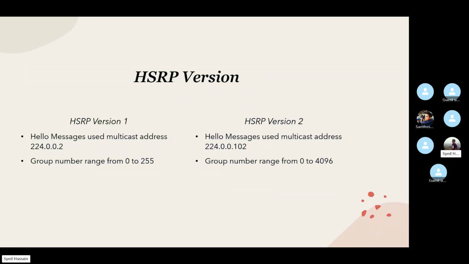Version 1 has group numbers from 0 to 255, which is 2 to the power of 8. And for version 2, group numbers start from 0 and end at 4096.